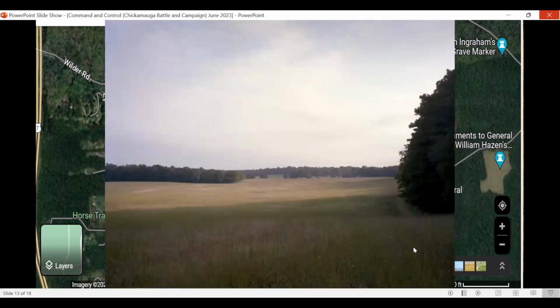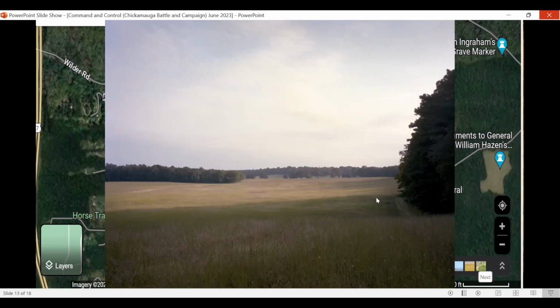And this is a view from that South Carolina monument looking due south. If your Union brigade, Harker's brigade, was located up here, the line stretching down to the Glen Kelly Road, you can just imagine thousands and thousands of Confederate soldiers screaming, doing the rebel yell, moving in this direction. I'm sure that was quite the scene.